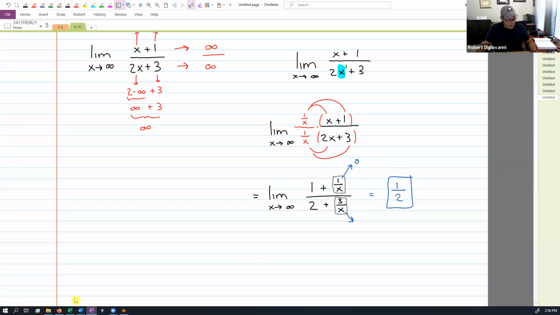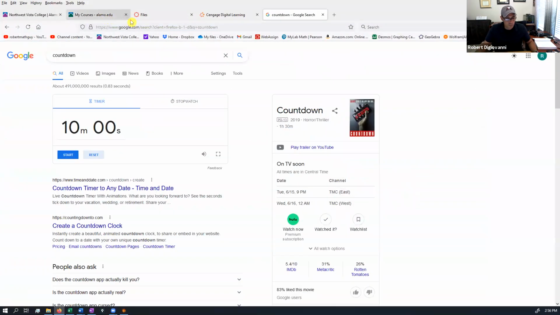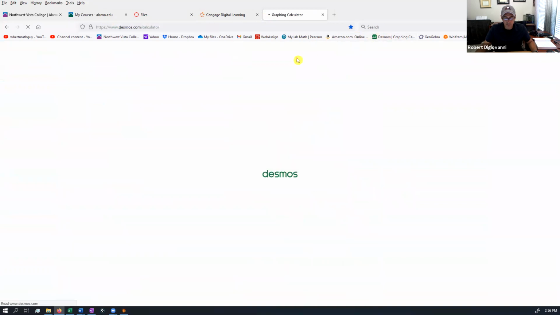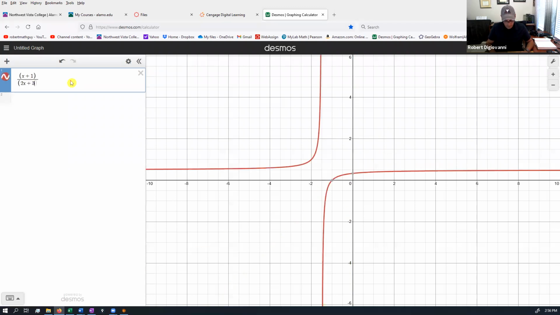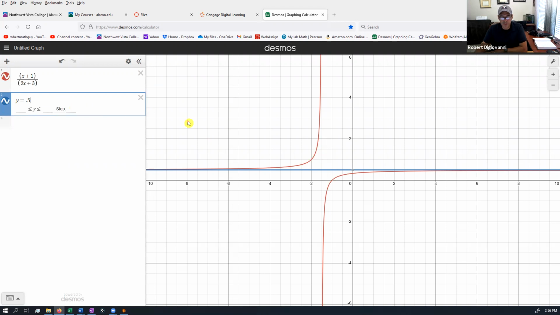If I were to graph this, where are my decimals going? What was it? x plus 1 over 2x plus 3? Yes, sir. Okay, if I graph this, then let me also graph y equals 1/2. That's this blue horizontal line.